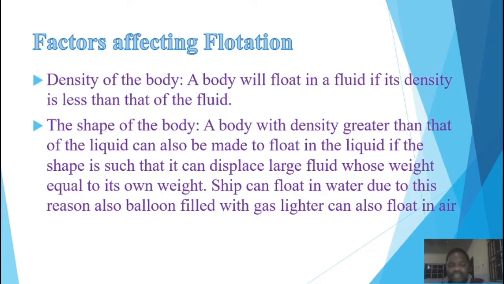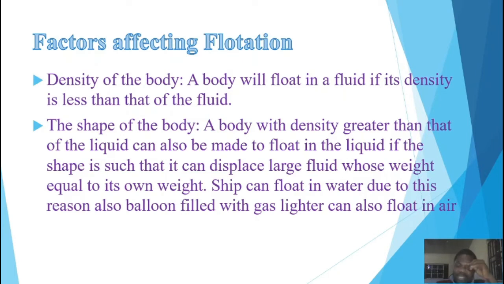Also, on this, we see that a balloon can float in air. Why? A balloon is supposed not to float in air. It's supposed to rise up in the air because it is filled with a lighter gas. These gases are usually what? Lighter than air. It's supposed to rise continuously, but we see that sometimes it will float because of what? The shape of the material used in making the balloon.